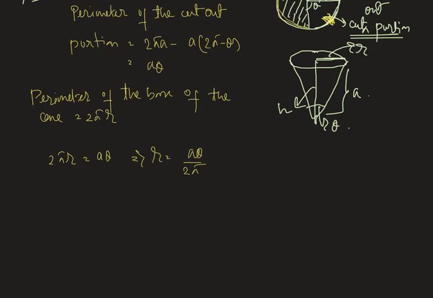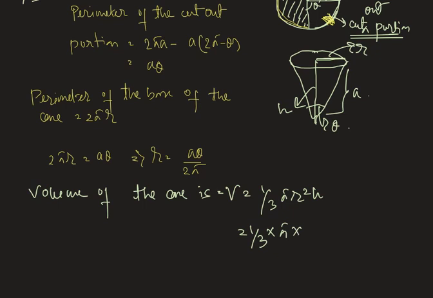Now the volume of the cone is V, which is 1/3 pi r square h.